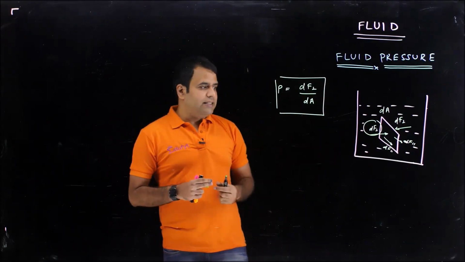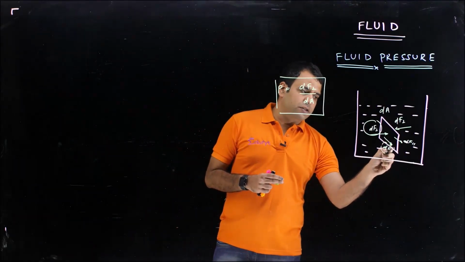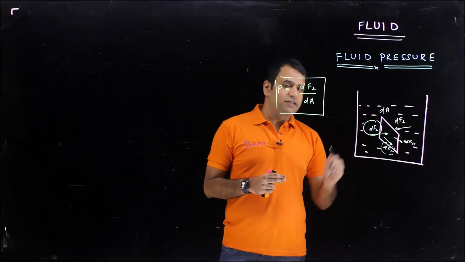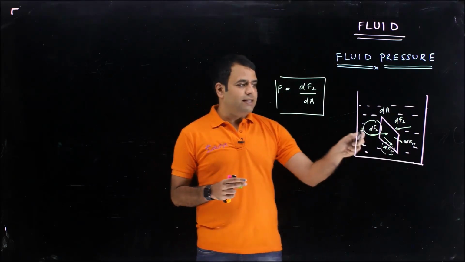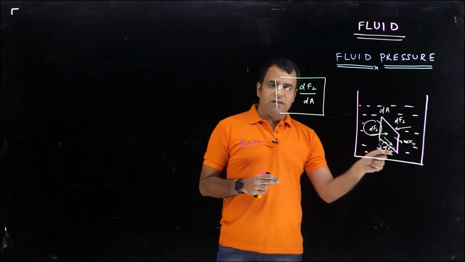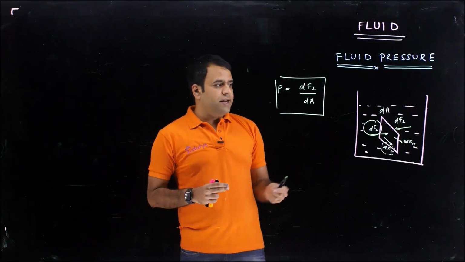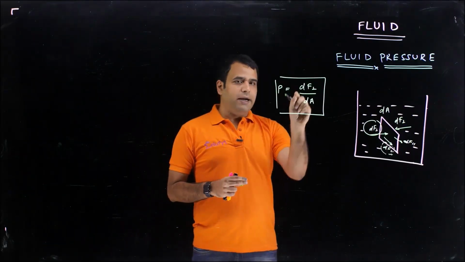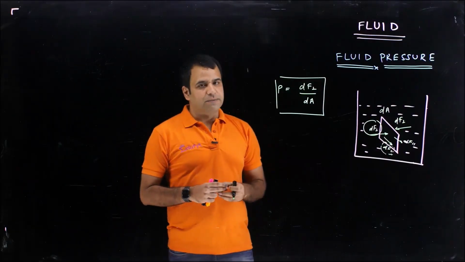At a later stage, we'll define the means to calculate this parallel component also. We call it viscous force. This viscous force is the parallel component of the force. We'll do that later on. The first thing is dF perpendicular. So at any hypothetical cross-section area, we define the perpendicular component of the force, and this perpendicular component of force divided by the cross-section area is defined as pressure.